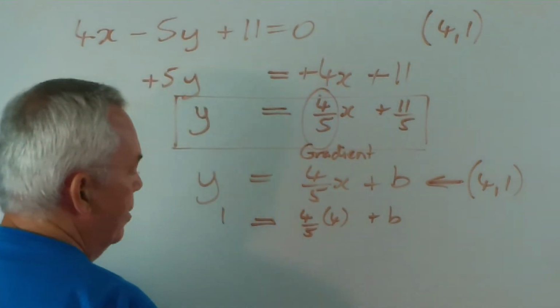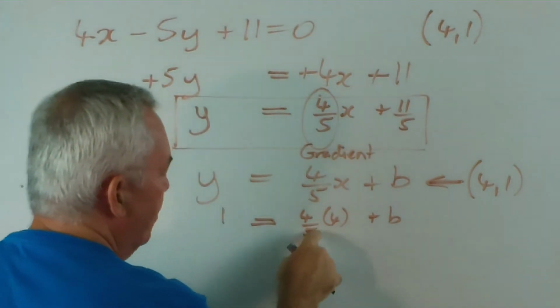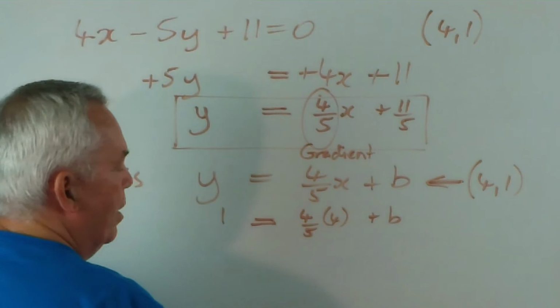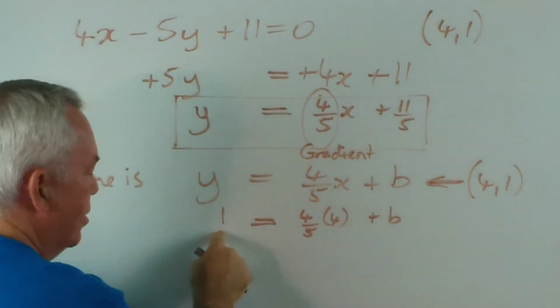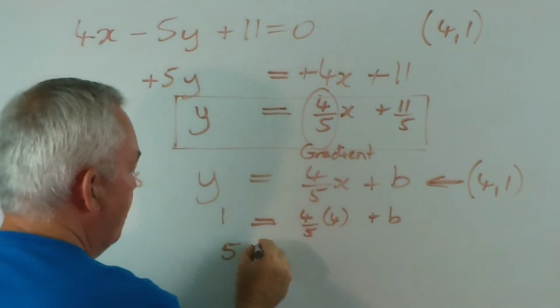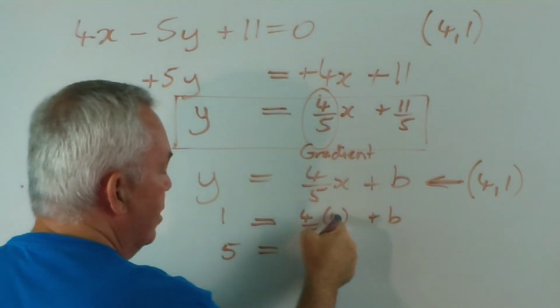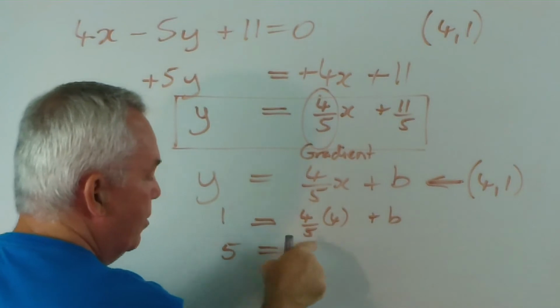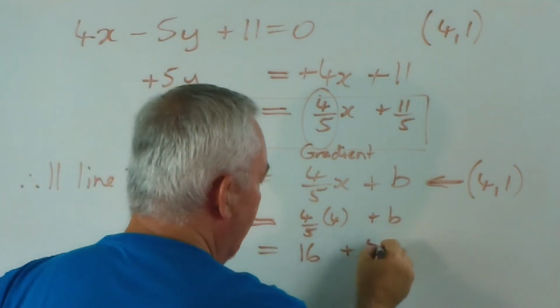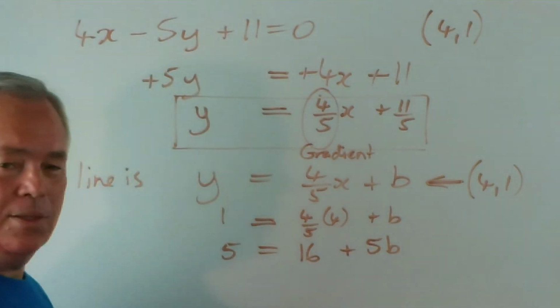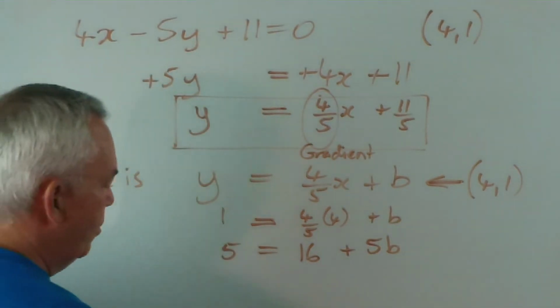Now, I'm going to solve it this way. I'm going to multiply this 4 by 4, but at the same time I'm going to multiply each term by 5. So 5 times 1 is 5. 4 4s are 16, and if I multiply by 5, it's going to divide the 5 out and leave the 16. And multiplying by 5 will give me 5b. I did that in 2 steps at once to save room.